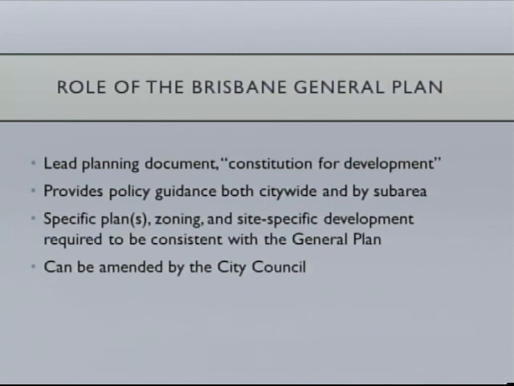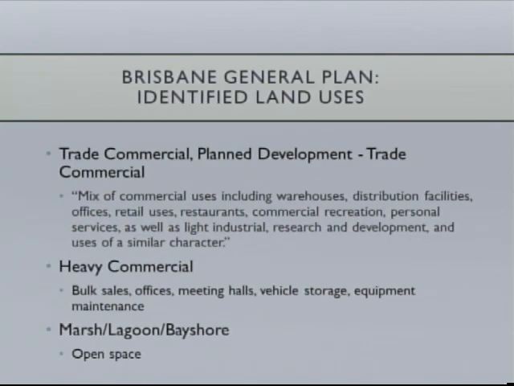There is a section or a couple sub-areas dealing specifically with the Baylands. The specific plans that have been proposed, zoning, and site-specific development are required to be consistent with the general plan. The city also has the authority under state law to amend the general plan, and that is all part of what you as a council and the community are looking at.